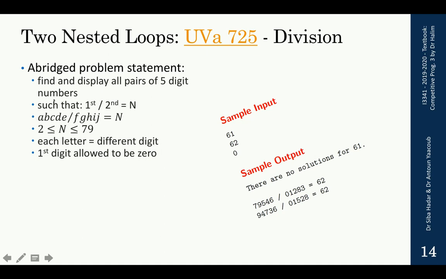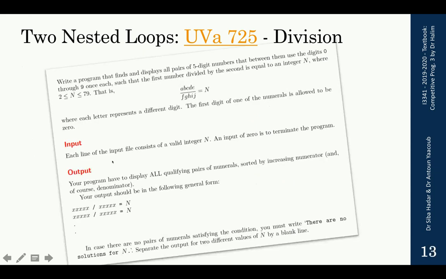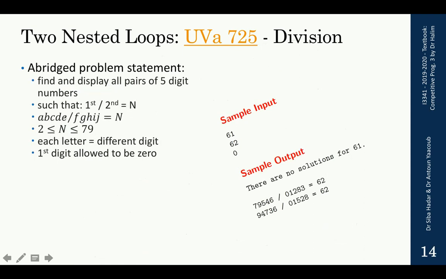So we are going to represent them: the first number is going to be called, instead of X, ABCDE to refer to the 5 digits it contains, and the second number FGHIJ. They also say in the statement that the first number can have a 0, since the 0 digit must be unique in its appearance, it can be in either one of them.